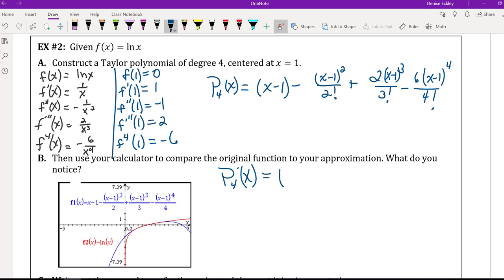But if I simplify this, I get x minus 1 minus x minus 1 squared over 2 plus, 3 factorial is 6, so then I have x minus 1 to the third over 3, and then minus, 4 factorial is 24, so then I have x minus 1 to the fourth over 4. That's why natural log makes such a nice Taylor polynomial, because of its form when you write it out.